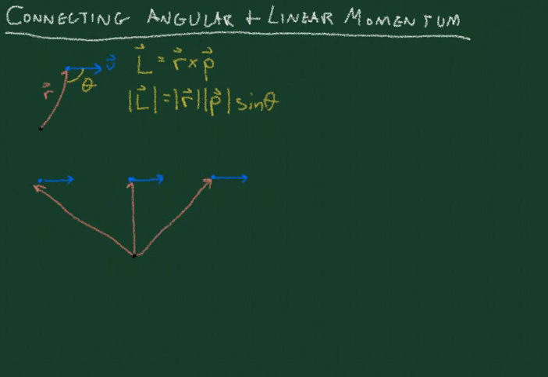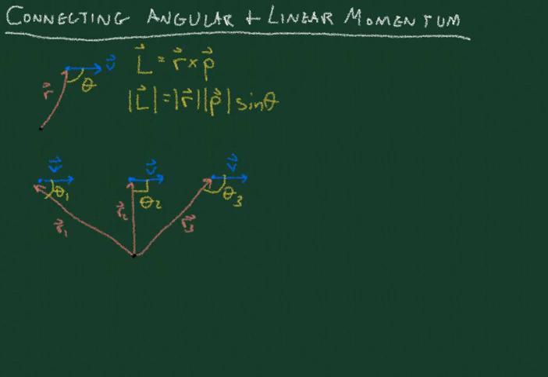So we'll call this R1, R2, and R3. We'll say that it's always moving with the same velocity v. And we'll call these angles theta 1, theta 2, which is 90 degrees, and theta 3.